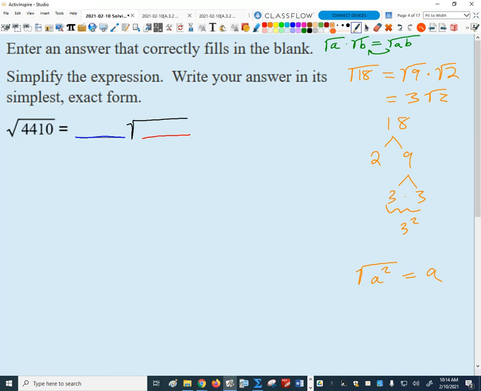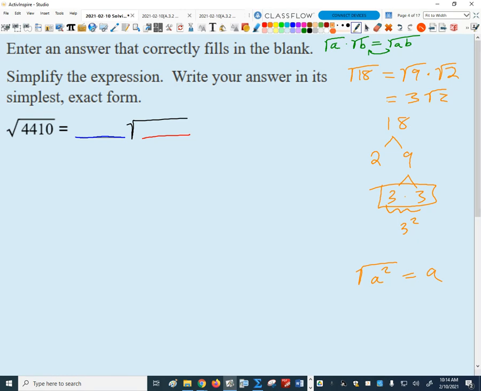So when I do my factor tree, I can notice that anytime I ever end up with a couple, and a couple just means I get the same factor appearing twice, then I know that that corresponds to a square, doesn't it? Right? And so the square root of that couple, the square root of 3 times 3, or the square root of 3 squared, is going to give me a 3 outside the radical, right?